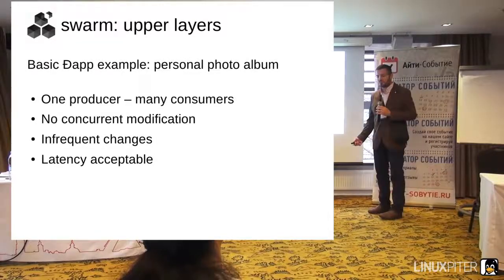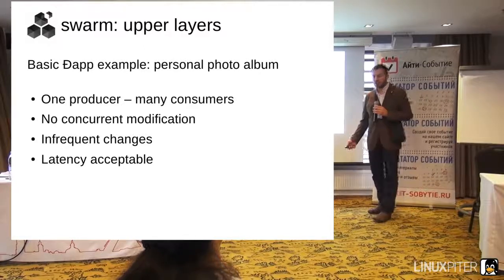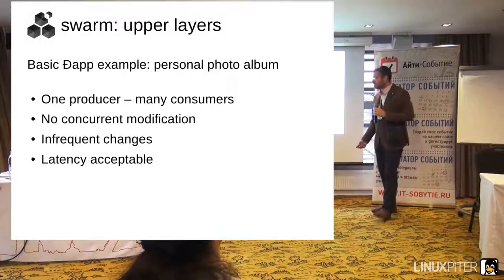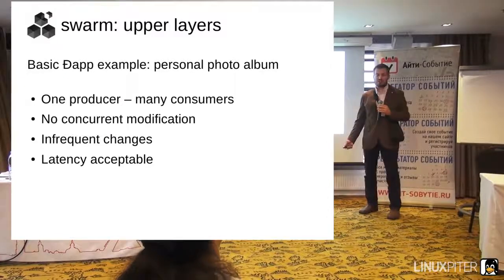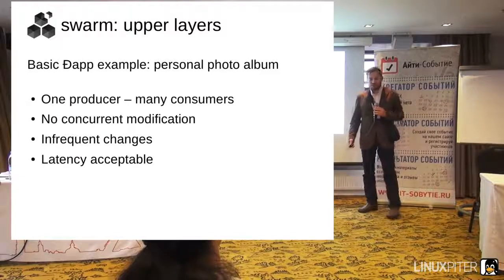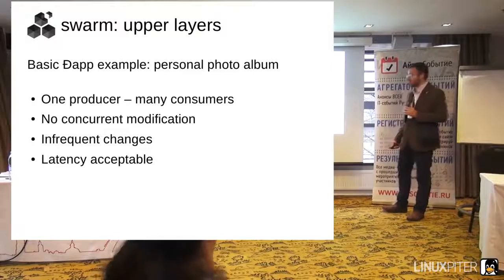Changes are infrequent. So if you make some changes and you post them to the blockchain, it's not going to be prohibitively expensive. And latency of a few seconds or a few minutes is perfectly acceptable. So these are the relatively lax constraints of this application, which makes it really easy to implement.